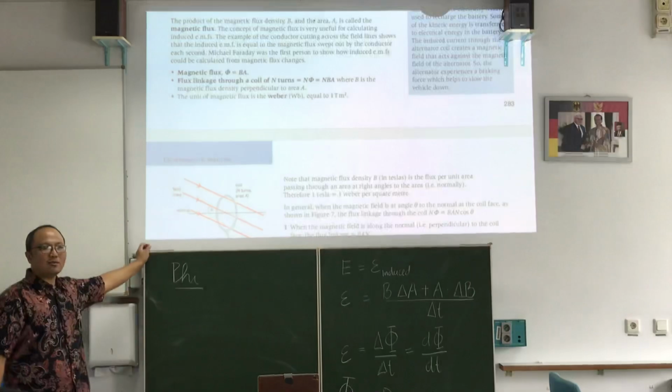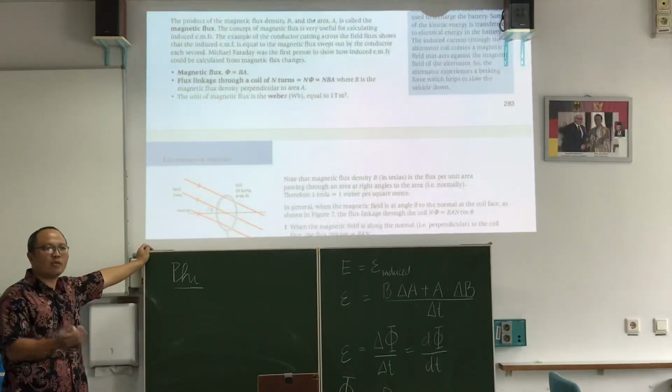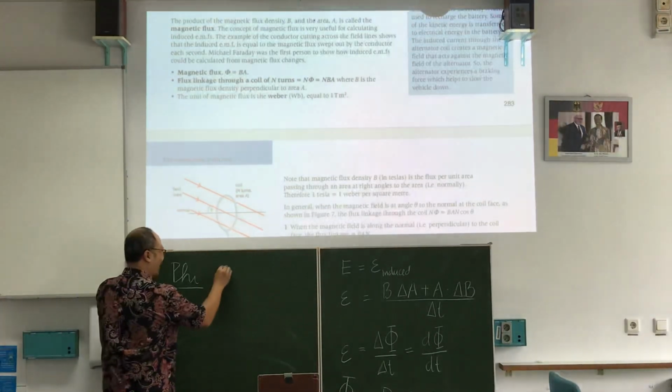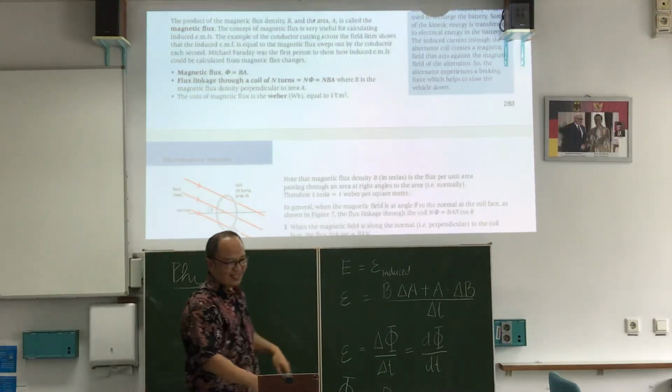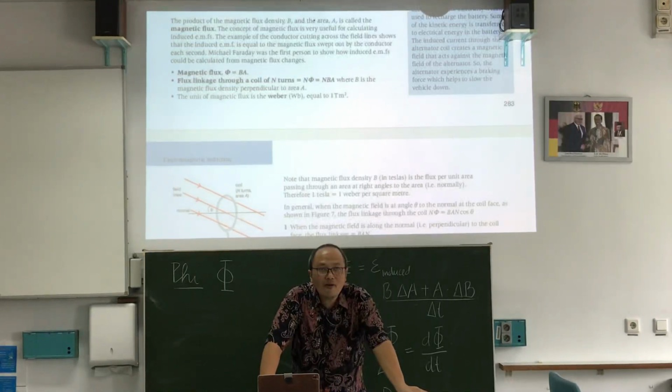I know that I don't allow you to talk in Greek, but today the only Greek word that you are allowed to use is this one. Phi, magnetic flux, the product of B times A.